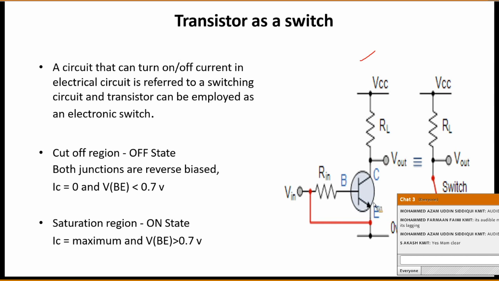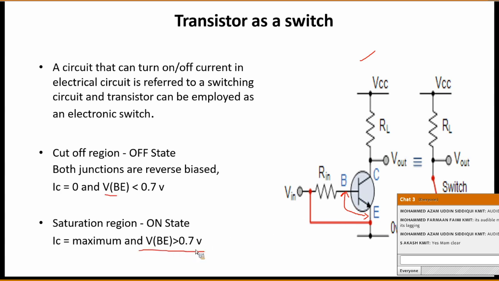To the emitter of this transistor we are connecting the supply voltage, and you all know when the transistor will move into conduction. This is the base emitter voltage.